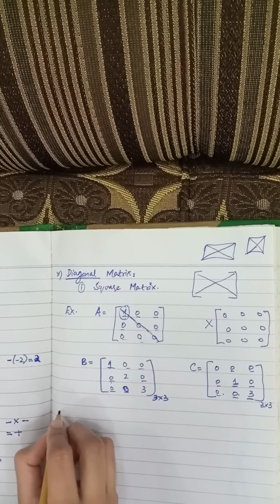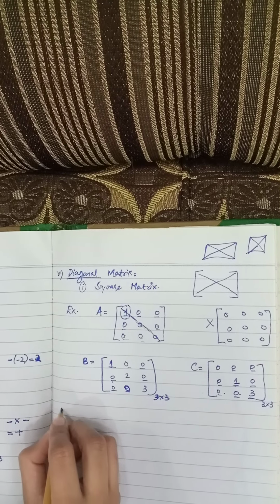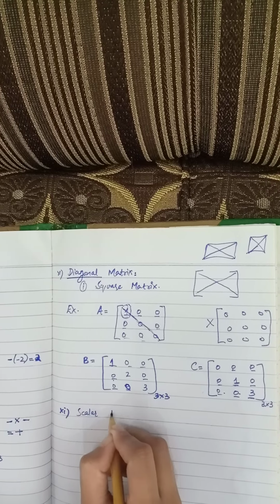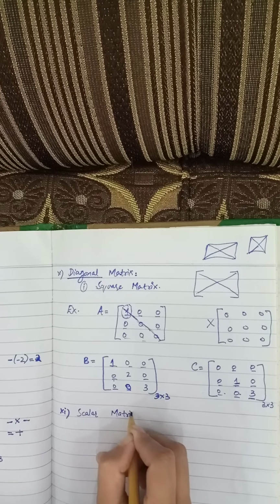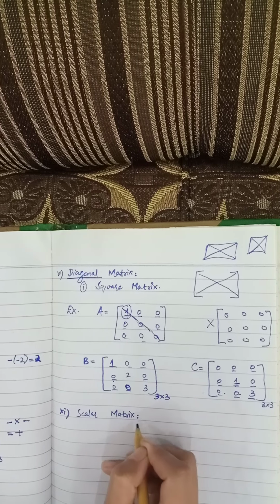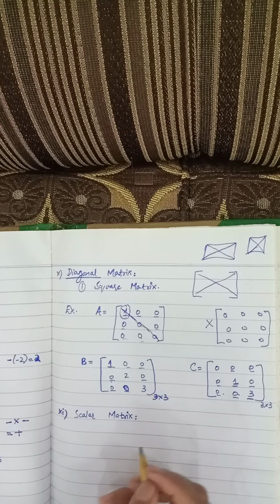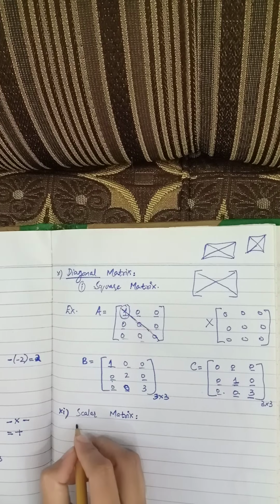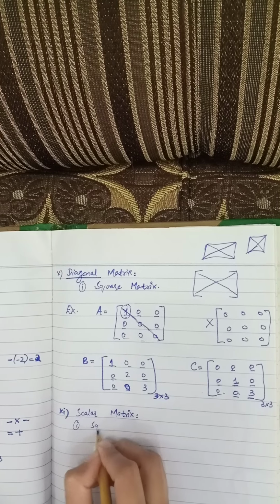Now I will move to the scalar matrix. A scalar matrix satisfies the conditions of the diagonal matrix.